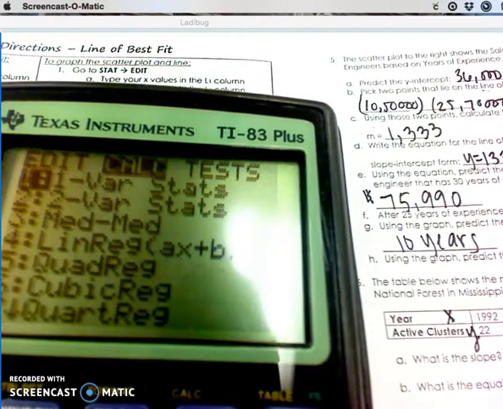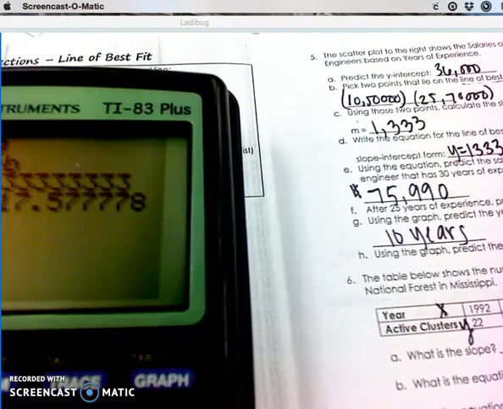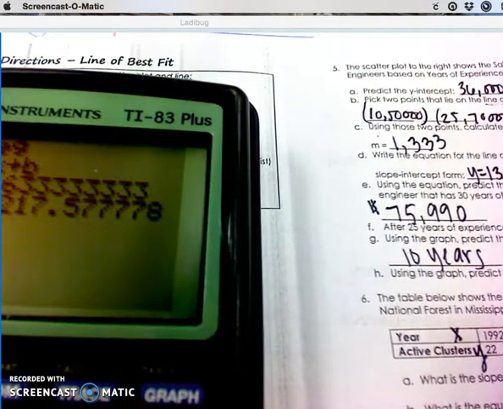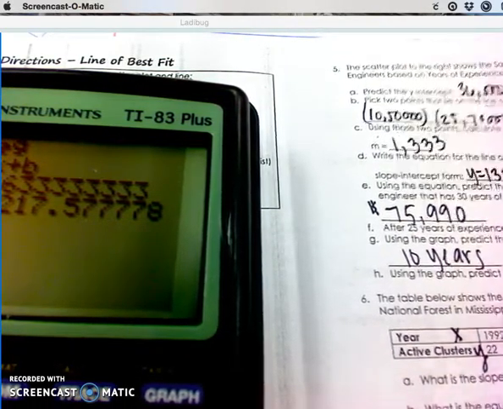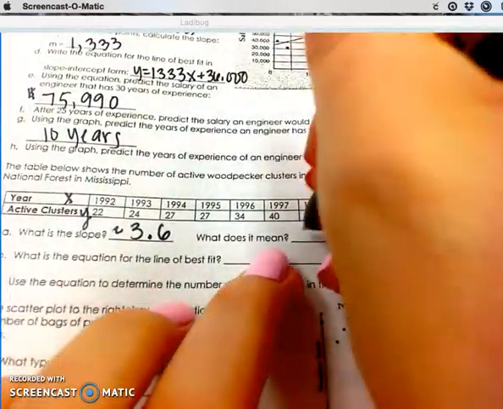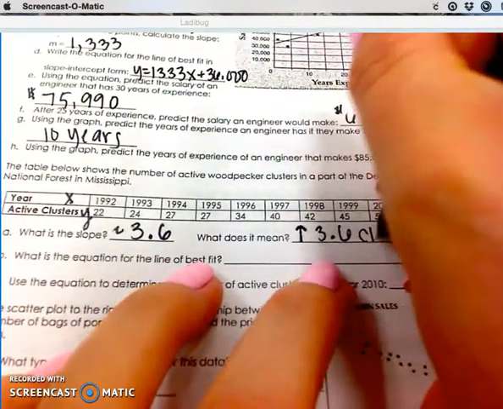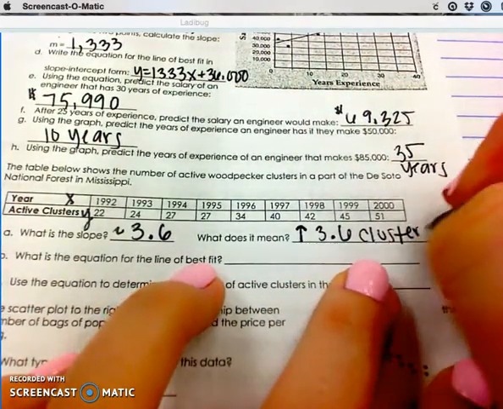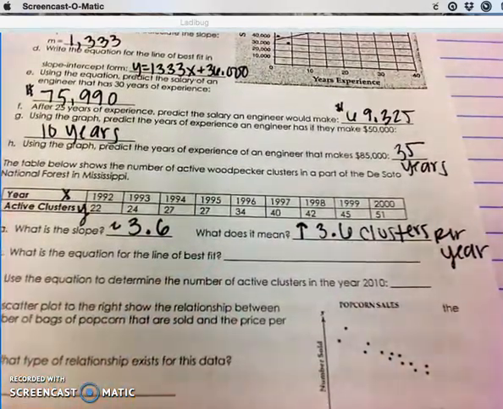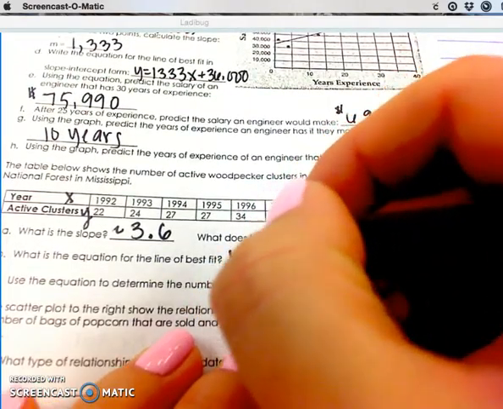Go to Stat, over to Calc, and number 4. So the slope is about 3.6. What does it mean? It means that there is an increase of 3.6 clusters per year.